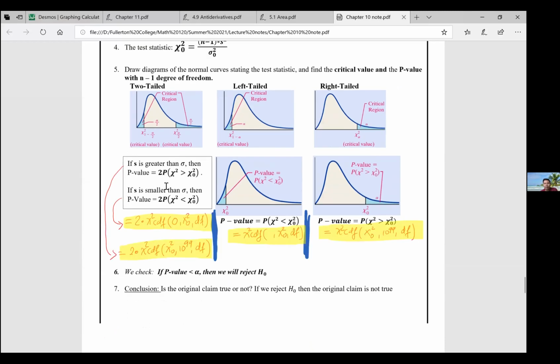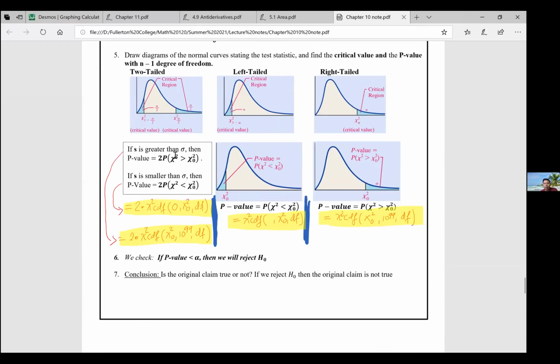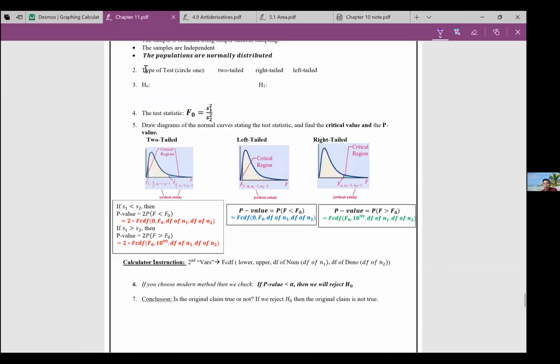Remember in chapter 10, especially for two-tail, we had to see whether S is bigger than sigma or S is smaller than sigma. Then we choose a formula accordingly. So chapter 11 is no different.